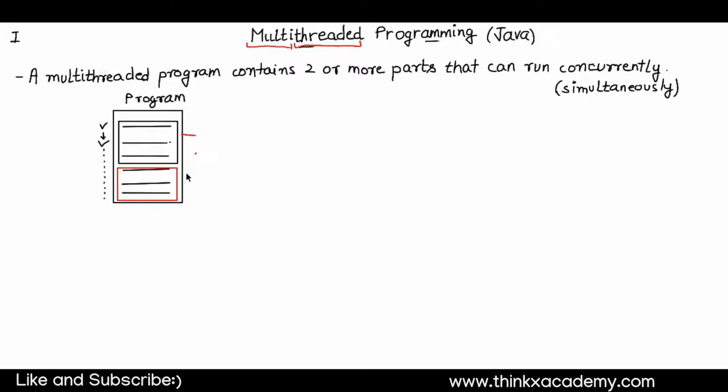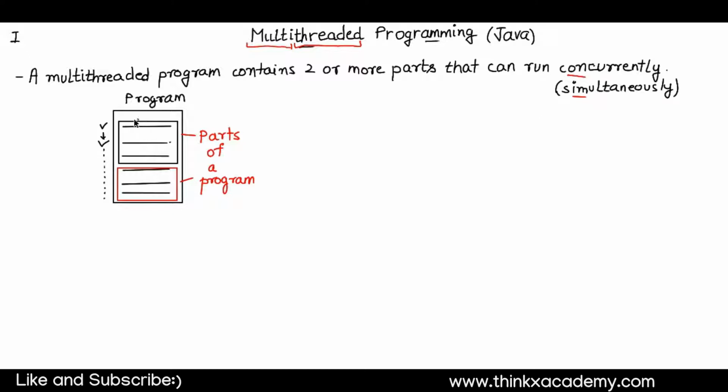This is part 1 and this is part 2. These are basically parts of a program. Now we know what multi-threaded programming is. It contains two or more parts, but the condition is that they can run concurrently or simultaneously.